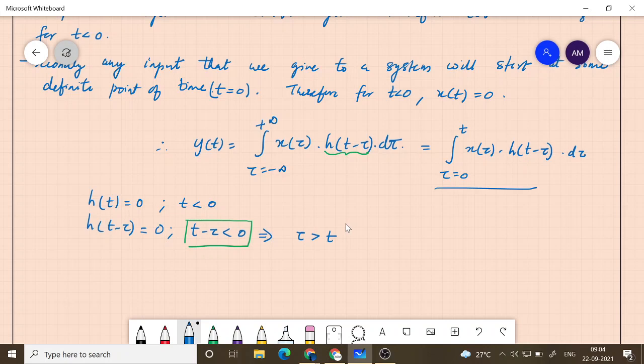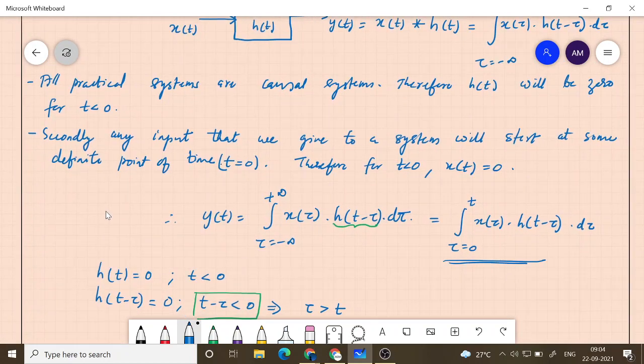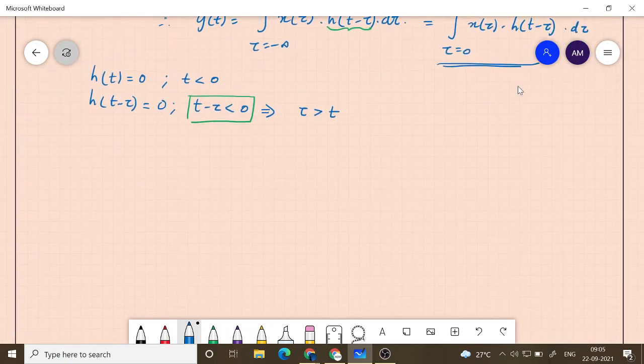So the integration limits are reduced. Instead of from minus infinity to plus infinity, if you consider it as a causal system, and a system whose input is 0 for t less than 0, then we get a more simplified expression where we need to integrate only from 0 to t. That is an additional side note.